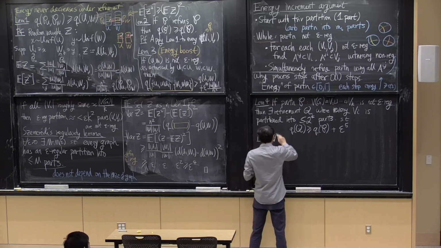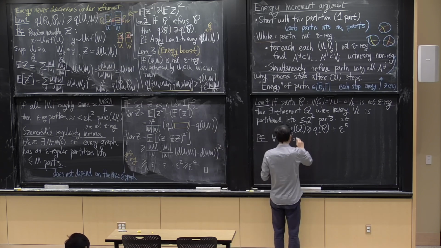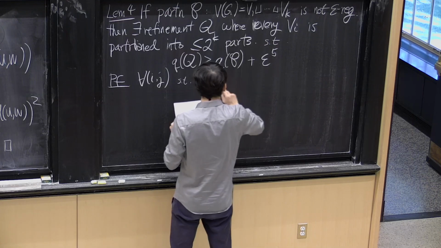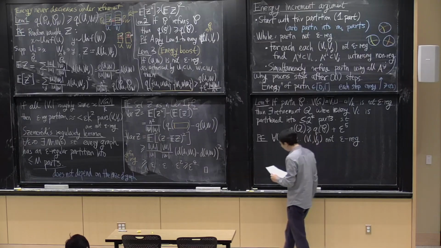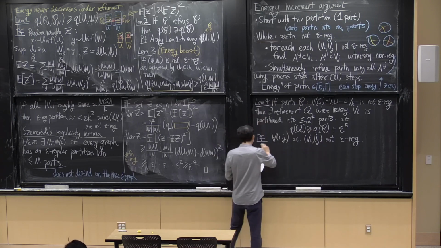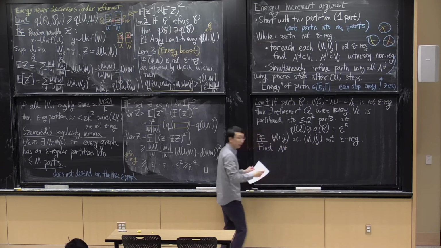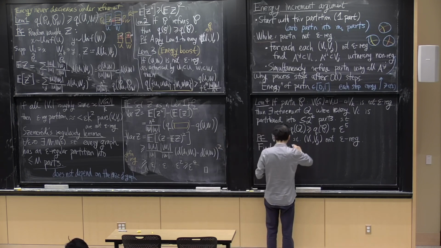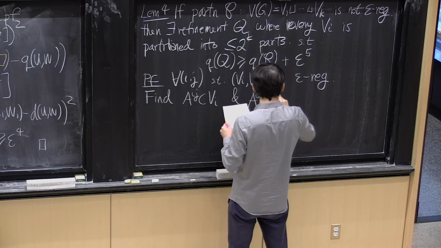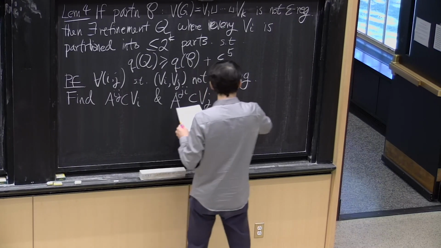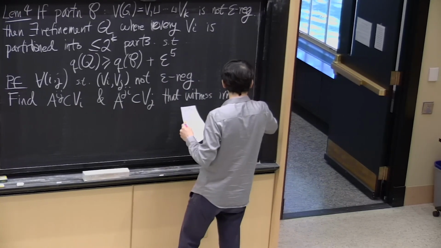So for all the pairs ij such that V sub i, V sub j is not epsilon regular, as outlined in the proof outline up there, we will find this A superscript ij in Vi and A superscript ji in Vj that witness the irregularity.